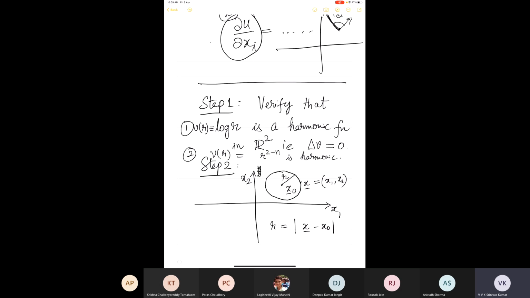This is what we have seen yesterday. And in general, for n greater than or equal to 3, in particular in 3 dimensions, 1 upon r is harmonic.